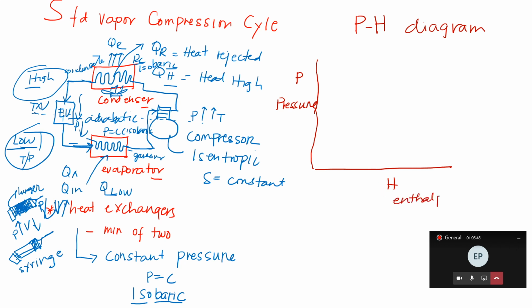You should know this, or I presume you very well know this because you have undergone thermodynamics. You cannot pass thermodynamics if you don't even know what these lines are called, the pressure-enthalpy diagram. That is a diagram used mostly in refrigeration systems and air conditioning systems.